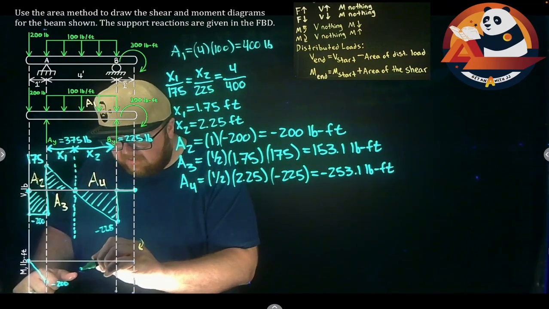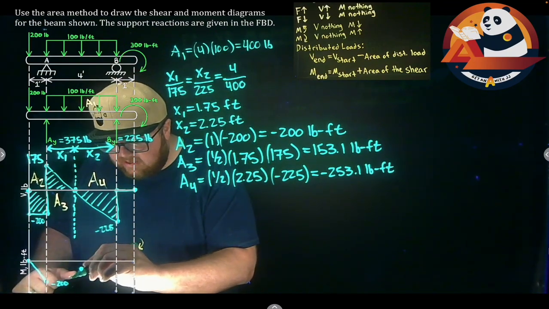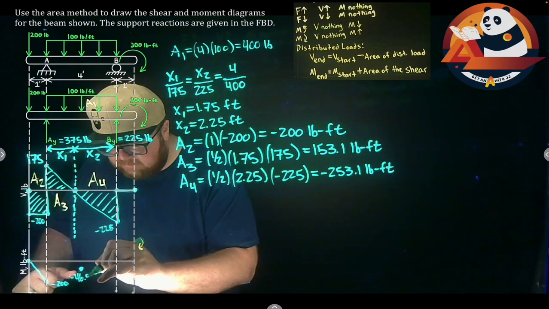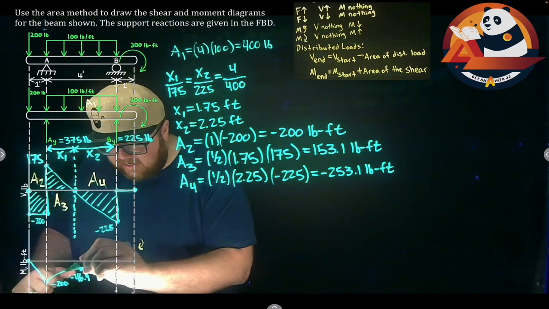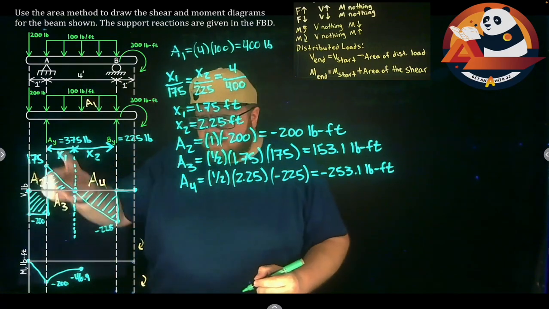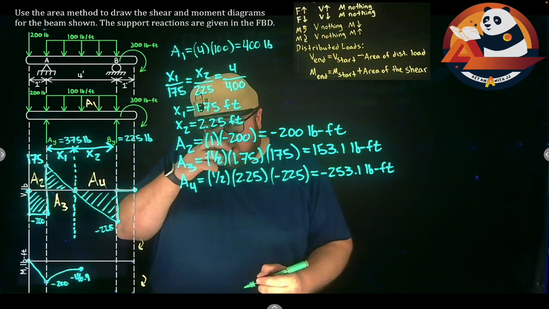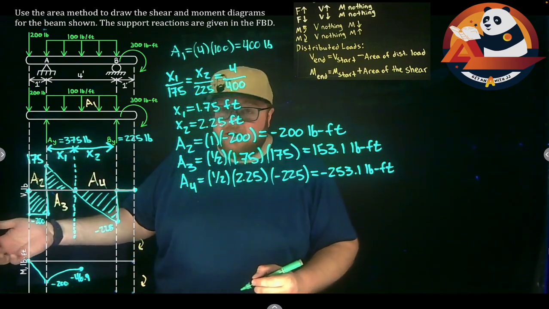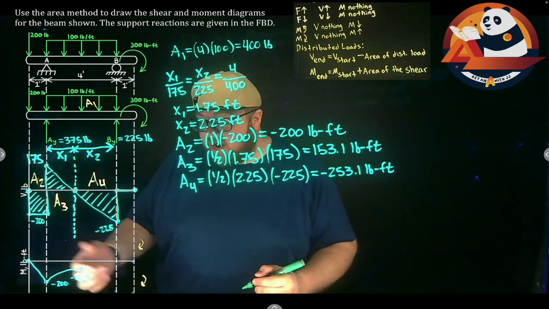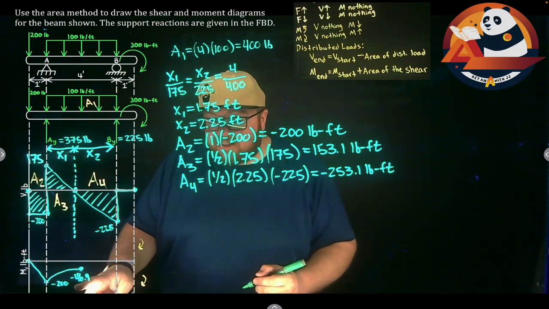So I can come in and label another point in here. Negative 46.9. And that should be a parabolic function. Because we had a linear slope here, linear function. If we integrate linear, we're going to get a parabolic function, a quadratic function. So we're now at negative 46.9.